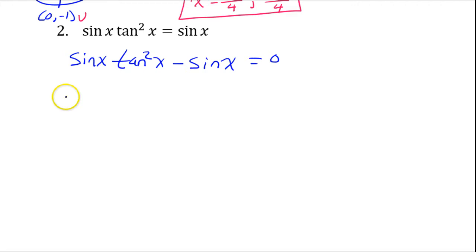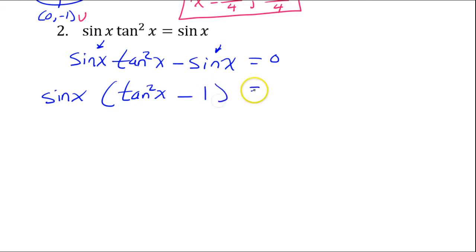So once again, I'm going to use the tool of factoring out the common factor of sine x. And that's going to leave behind tangent squared x minus 1. And again, I can split the problem right here and do my zero product property and set each of these equal to 0.